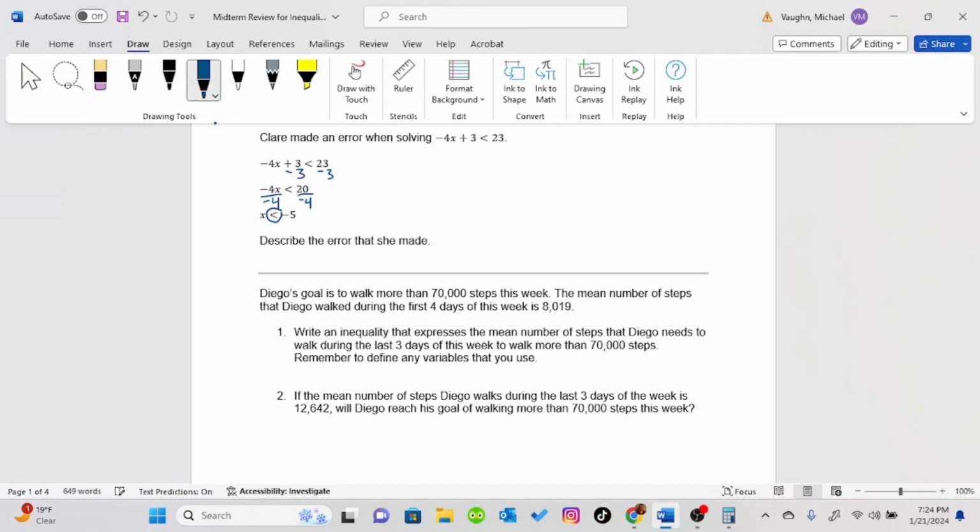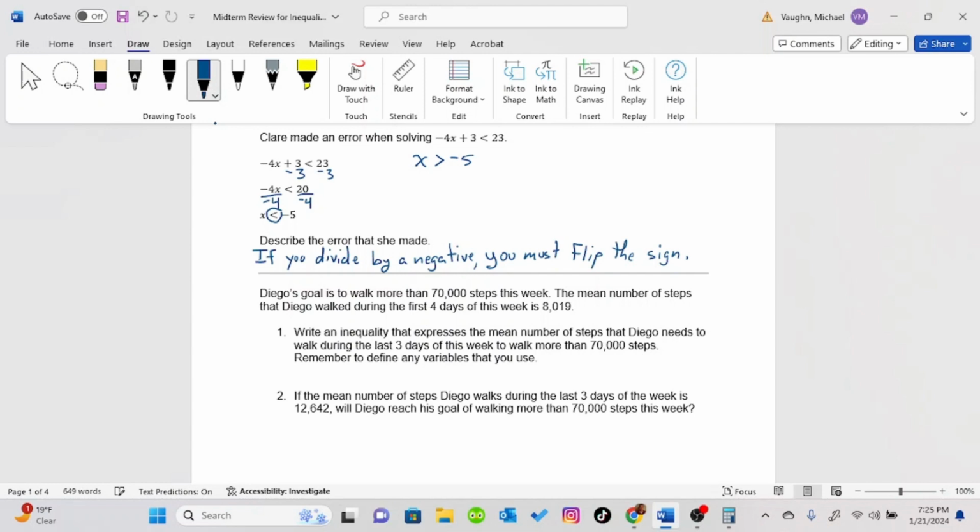If you divide by a negative number, you must flip the sign. So the correct answer should be x > -5.